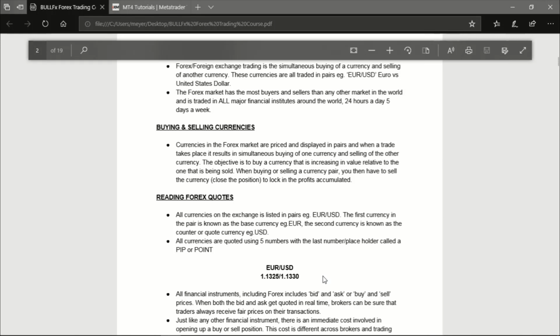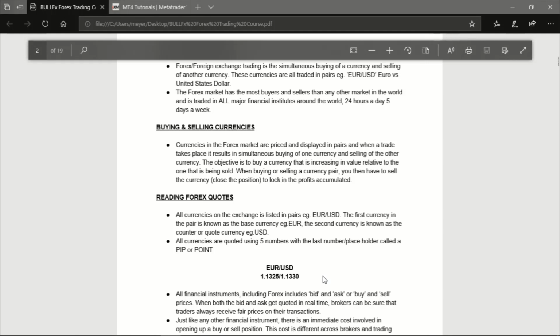A currency increases by 1 pip, 2 pips, 3 pips, or decreases by 1 pip, 2 pips, 3 pips. Every currency's pip value is different, and there is a specific value associated with the pips of a specific currency. So, for instance, if Euro USD moves up by 1 pip, 1 pip for Euro would equal $10.